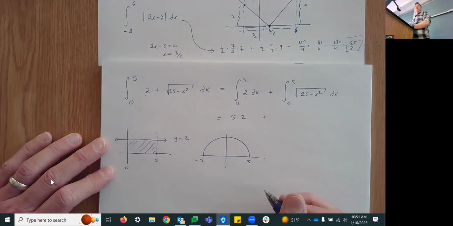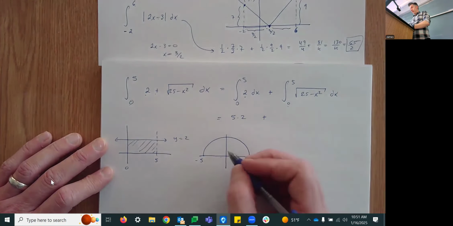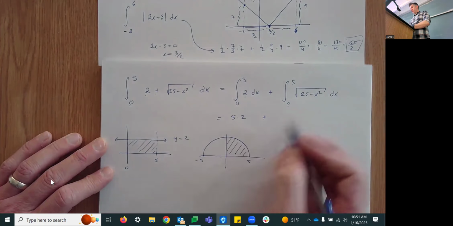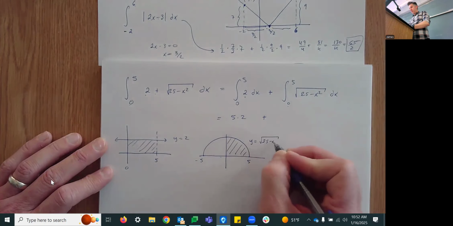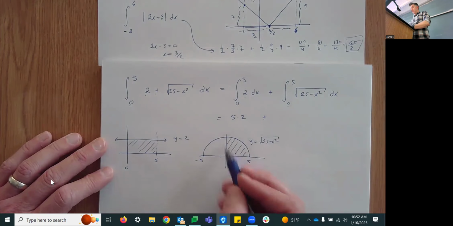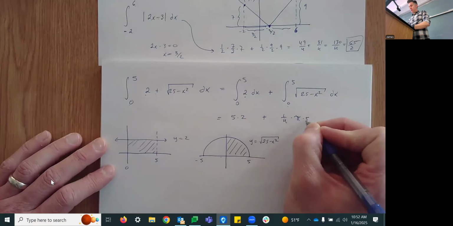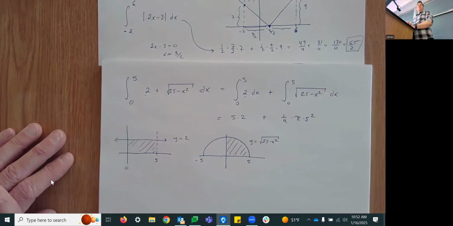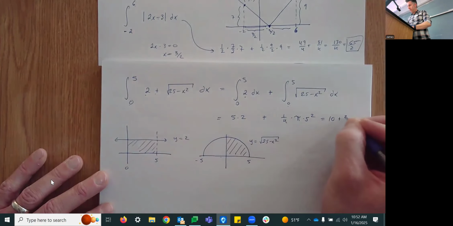But it's only the upper quarter of that circle, because we're only going from 0 to 5, and this function here, y equal to the square root of 25 minus x squared, is only the top half of the circle, or I should say it's the semicircle. So the area of that region is going to be the quarter of a circle of radius 5. That's going to be 1/4 times pi times the radius squared. And I would probably simplify it because I can't help myself. That's going to be 10 plus 25 pi over 4.